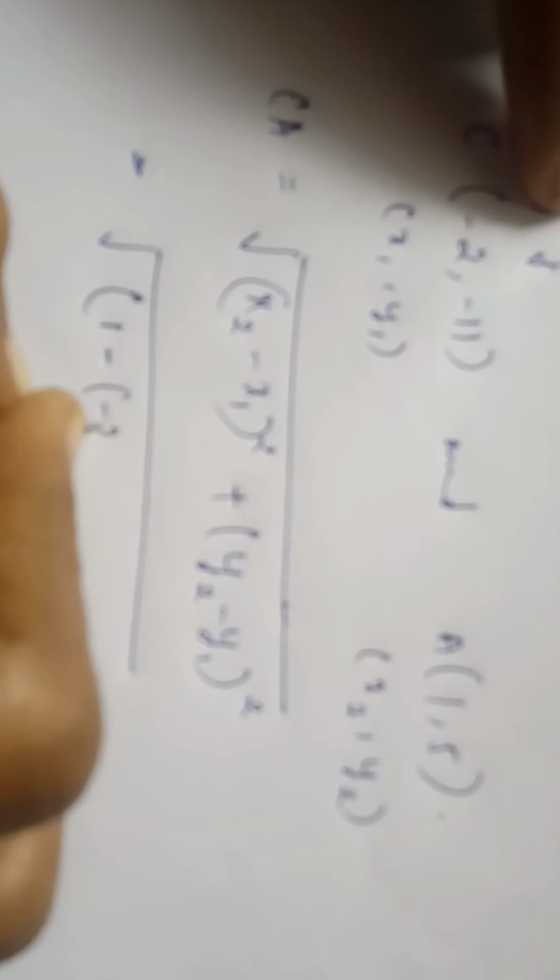Similarly, as you solved before, CA is equal to square root of (x2 minus x1) whole square plus (y2 minus y1) whole square. That is x2 is 1 minus x1 which is minus 2. Write it within small brackets if a minus sign is there. 5 minus y1, write in small bracket, it has a minus sign. Don't get confused.